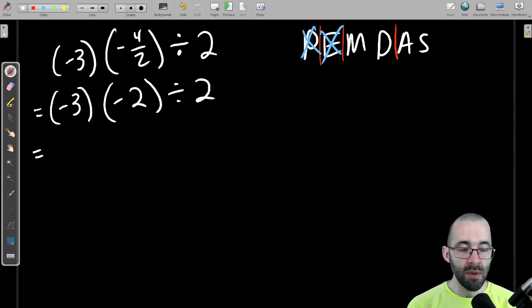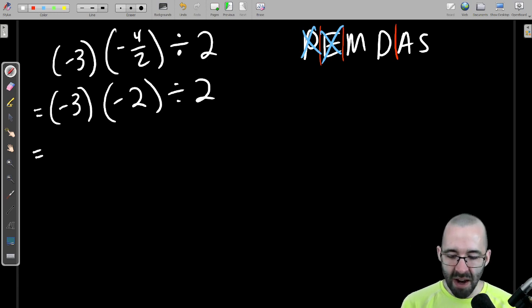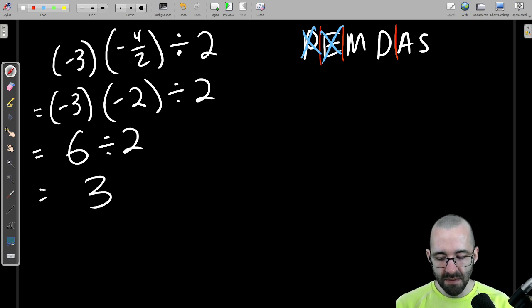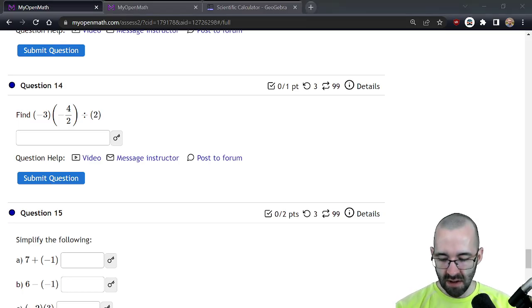The opposite of 3 times the opposite of 2. Opposite of an opposite cancels out. All right, if you turn backwards and then turn backwards again, you're back to frontwards. So this becomes a positive number, and then 3 times 2 is 6. Divided by 2 is 3. That should be our final answer.